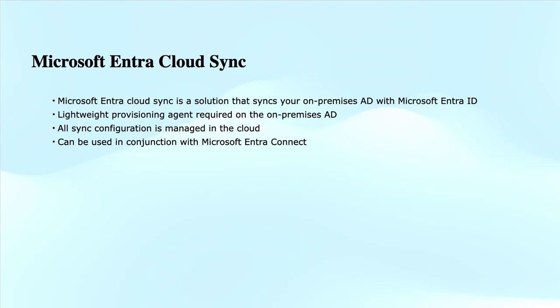Its configuration is stored in the Microsoft Entra ID. That's another thing. It does all sync configurations from the cloud. We do the management from the cloud and it can be used in conjunction with Microsoft Entra Connect as well. This is, you can say, the future of the identity synchronization to the cloud.